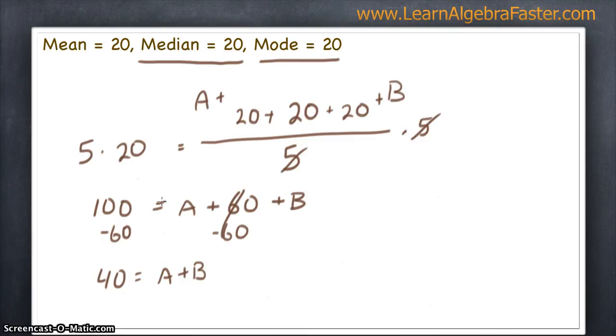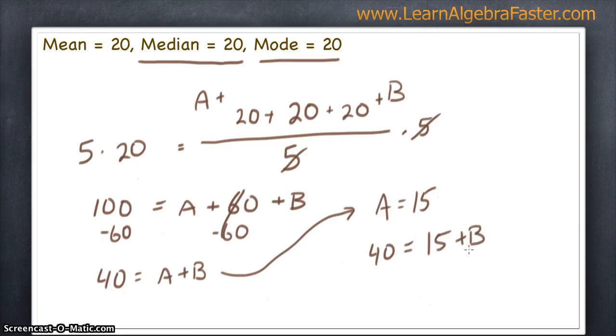Now, since we're right around the middle, if I choose A less than, I also want B to be greater than. So I'm just going to arbitrarily decide that A needs to equal 15. So let's go ahead and solve. If A equals 15, what does B need to be?